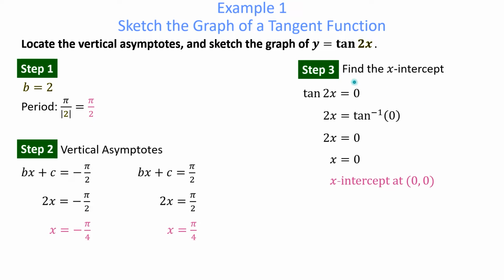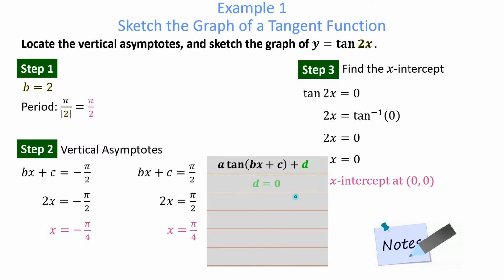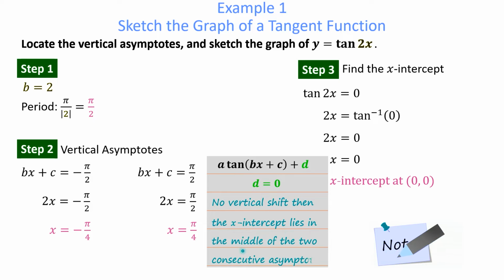Now, a shorter way to find the x-intercept for step 3, let's just recall our general form for the tangent function. If the value of d is equal to 0, this tells us there's no vertical shift. So if there's no vertical shift, then the x-intercept lies in the middle of the two consecutive vertical asymptotes. So we have these two asymptotes here. I want to find out the middle value.